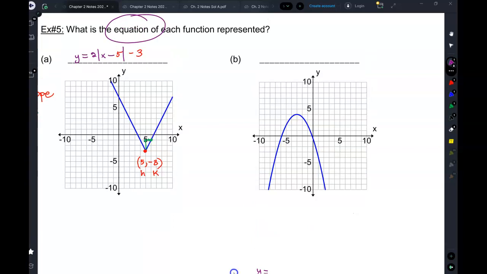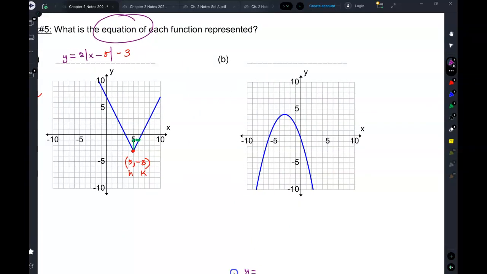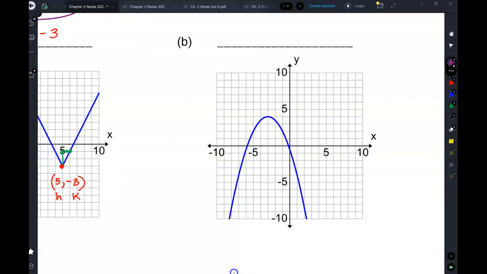Next, let's do the parabolas. For the parabolas, there is another skill I need you to learn, so we're going to do this a little bit differently. You again have to figure out the vertex. In this case, it's negative 3 comma 4. And always label this as your h and k. Now, we're going to pick another point on the parabola, but make sure it's a corner point, so you don't have halves or fractions.